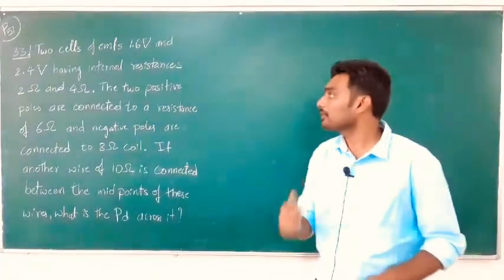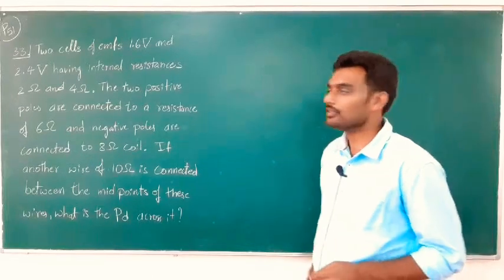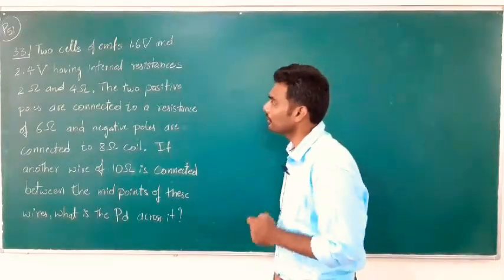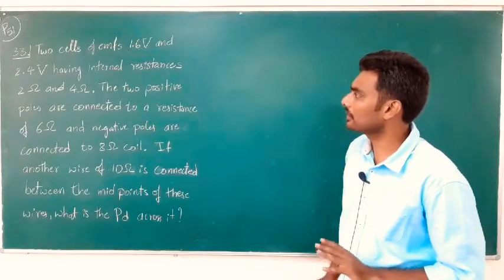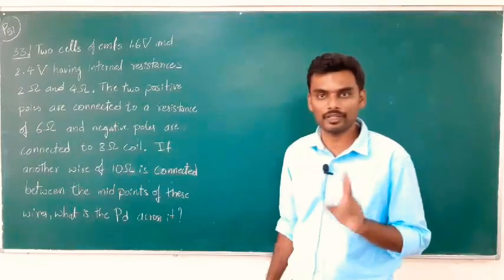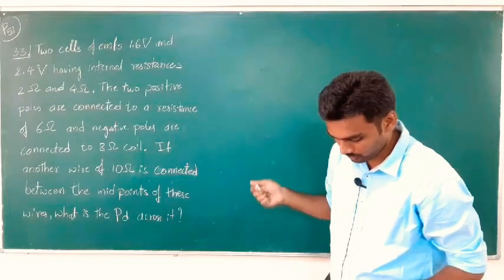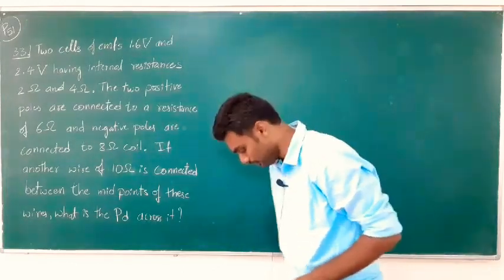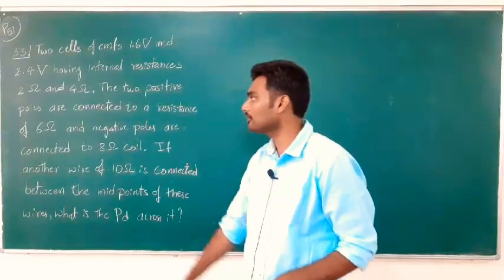Okay, the next question, 33rd, is as follows. Two cells of EMF 1.6 volt and 2.4 volt having internal resistances 2 ohm and 4 ohm. We have two cells with EMF 1.6 volt and 2.4 volt, and we also have the internal resistance given for both the cells, 2 ohm and 4 ohm.